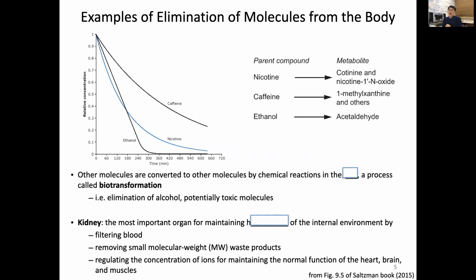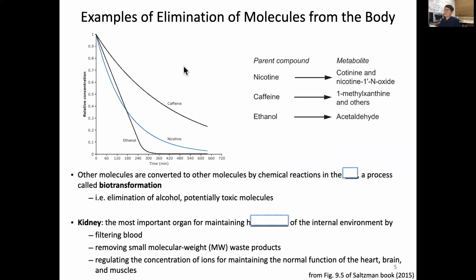So now let's think about pharmacokinetics, which is what the body does to a drug or molecule, when we measure the amount of the molecule in our body over time. Then we can see the kinetics of these drugs in the body.